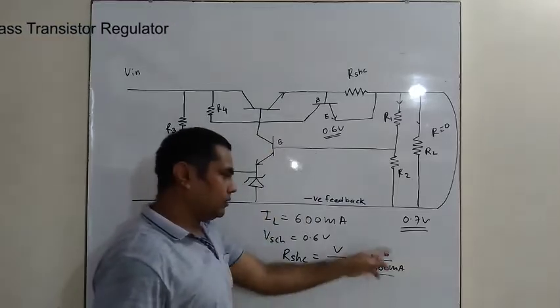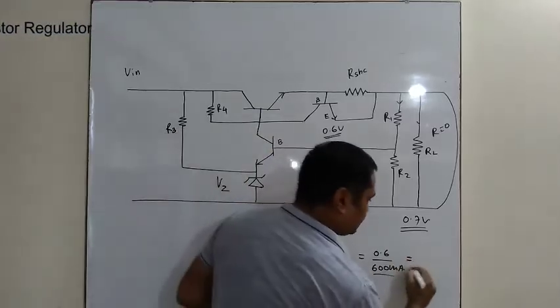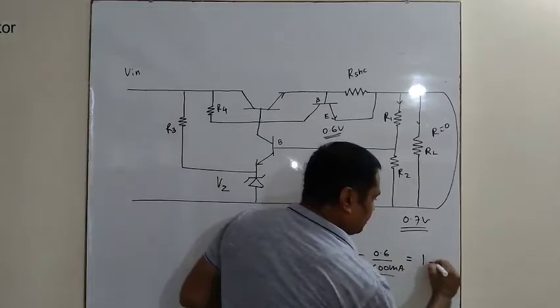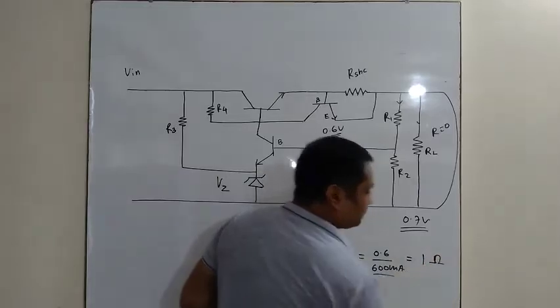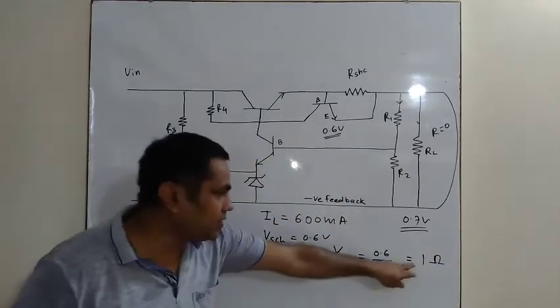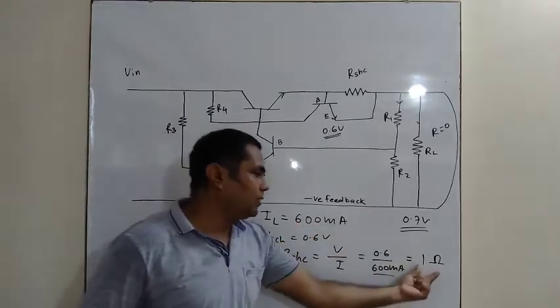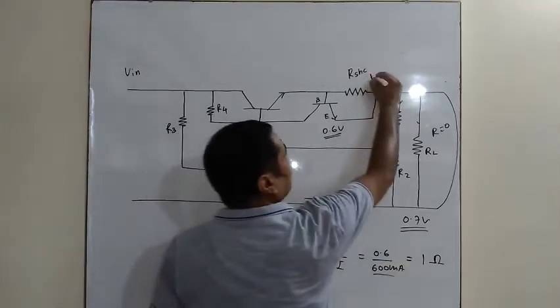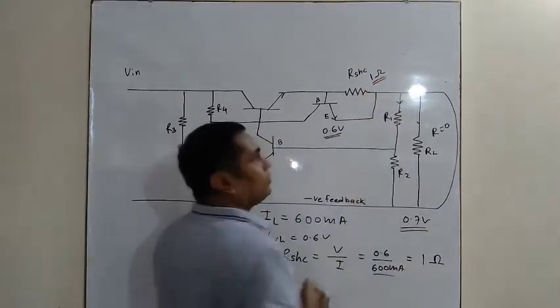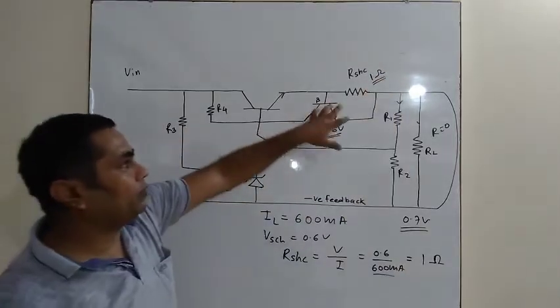So by calculation, the resistance comes to be 1 ohm. So the resistor value for a current limit of 600 milliampere is a 1 ohm resistor, and here we are going to connect a resistor of 1 ohm.